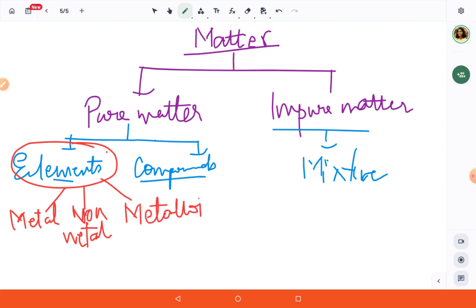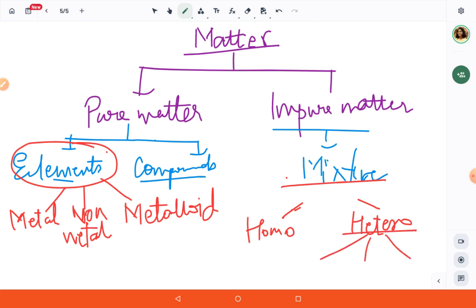This is the thing we are learning here. And mixture into two types: homogeneous and heterogeneous. Heterogeneous is of two types, colloid and suspension, and homogeneous is a true solution. These are the things we already know. We are just doing a quick revision.